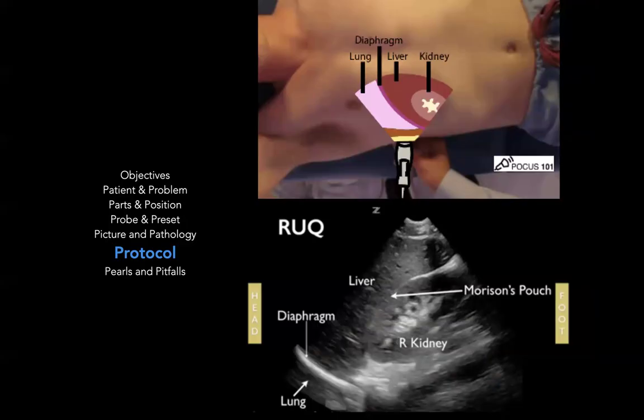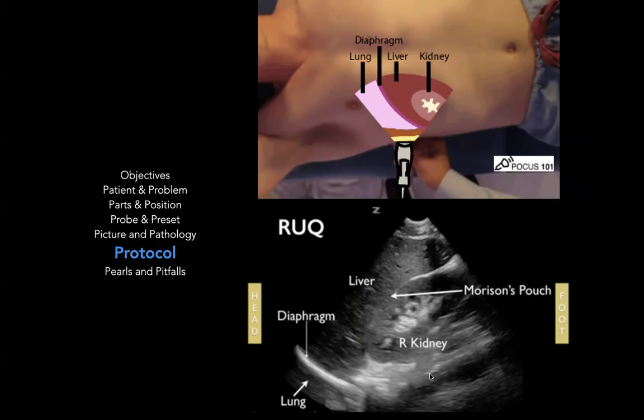That'll give you the best image. So once you're able to do that, you're going to be able to see the ultrasound image as you can see here. Topographic anatomy would be, of course, superiorly, you'll see your lung. In between lung and liver, you'll have your diaphragm. And then between your liver and kidney is your Morrison's pouch, and then the organs in between. So on ultrasound, again, it's diaphragm where it's this bright white hyperechoic curved structure.